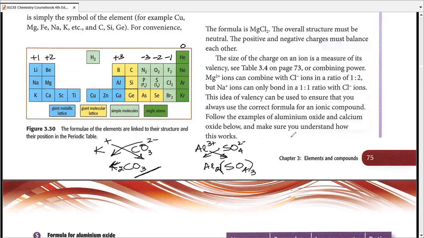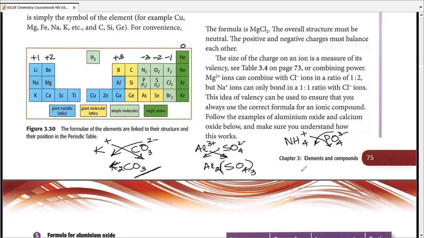You can also make a compound out of 2 polyatomic ions. So we're going to consider 2 polyatomic ions, NH4 positive and phosphate PO4 negative 3. So what do you think the answer is going to be? If I cross multiply these numbers, what will be the answer?